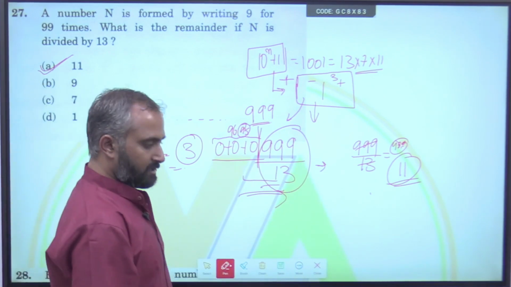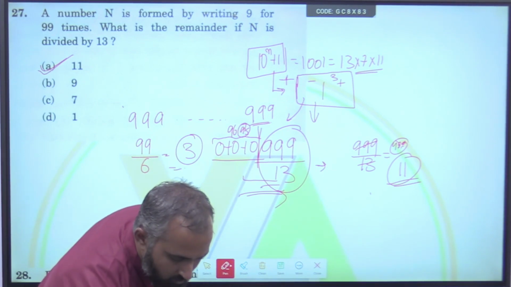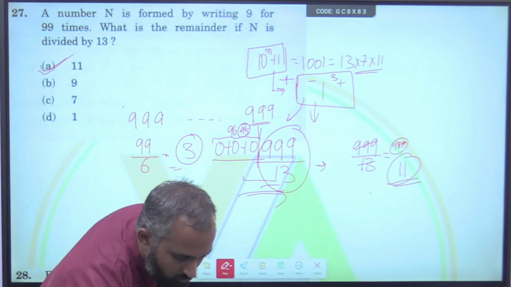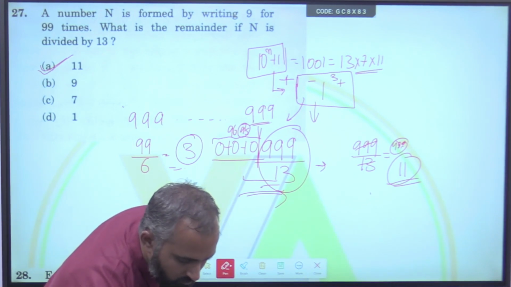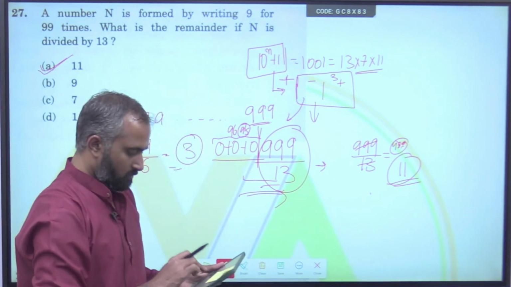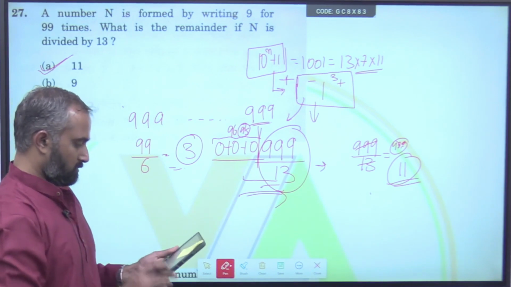Now, the next number systems question is 27.